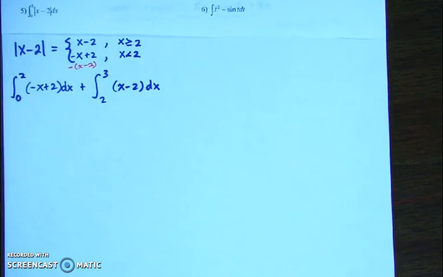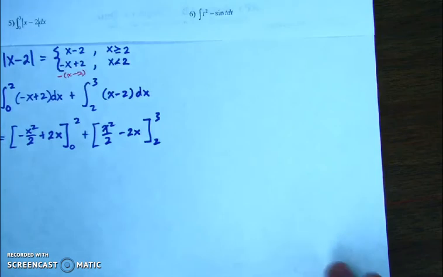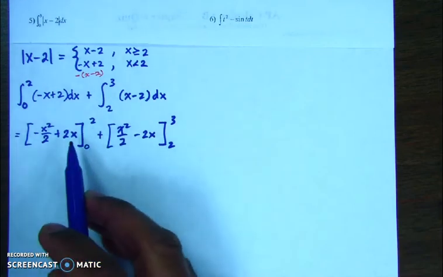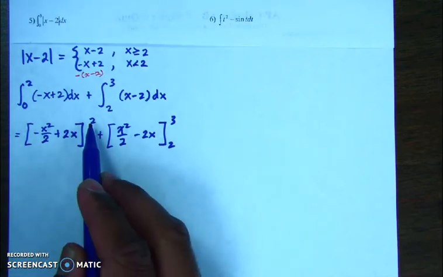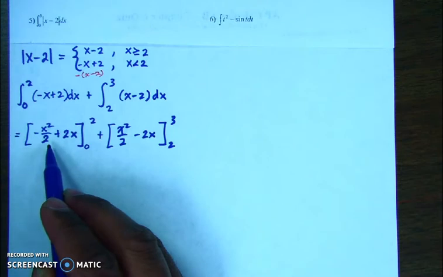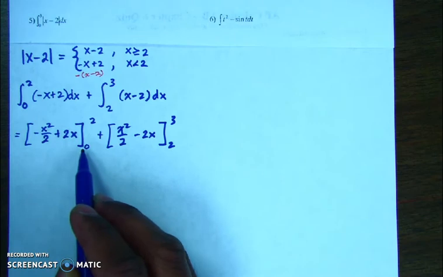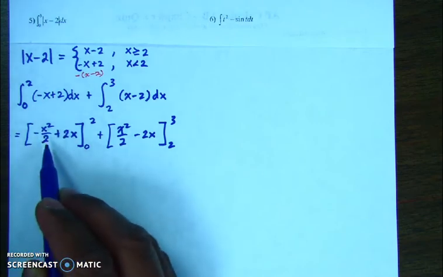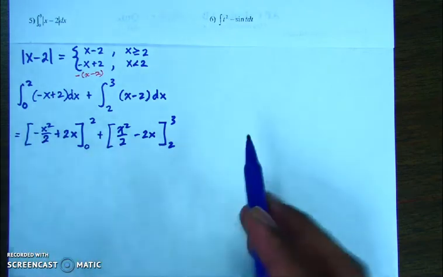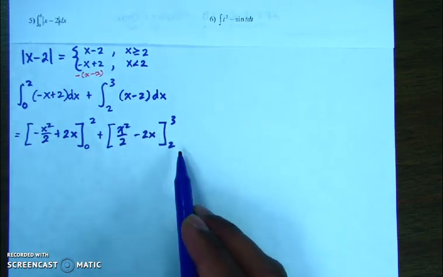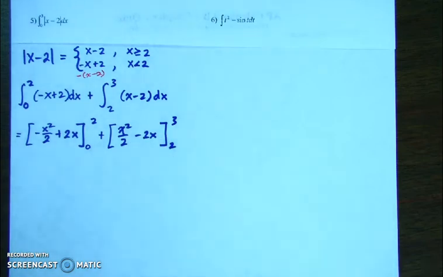So I'm just going to go ahead and show you the work to try to speed this video up. Alright, to finish off applying the fundamental theorem of calculus, you have to apply it to both of these separately. So you're going to input the 2 for x minus the 0. The nice thing about 0 is when you plug it into this antiderivative here, it's going to be 0 still. And then you're going to do it here again, input the 3, and then subtract inputting the 2.